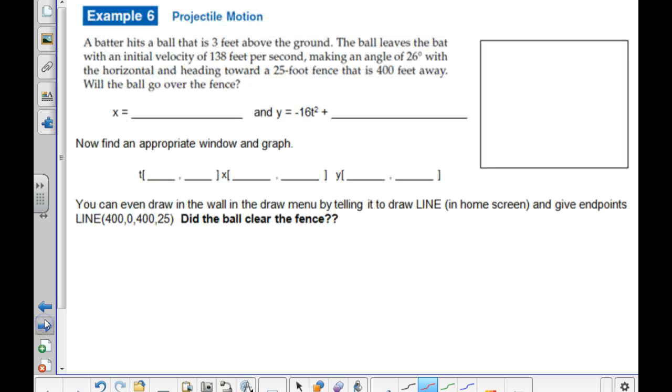Remember that? I want to do this last question because it says a batter hits a ball 3 feet above the ground. So what is that telling us? H sub 0 is 3. Okay? So we're going to put a plus 3 on the back. The ball leaves the bat with an initial velocity of 138 at an angle of 26. So what goes on this blank?